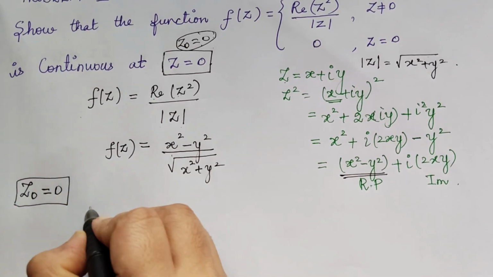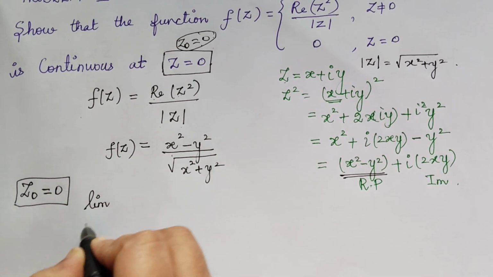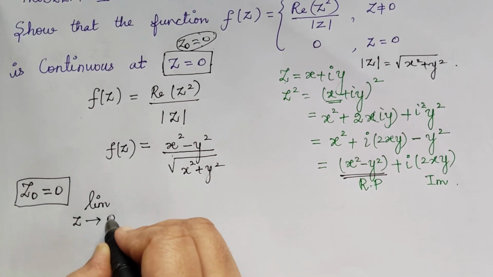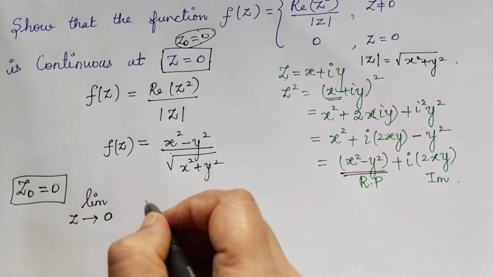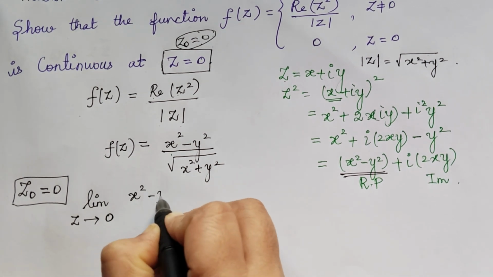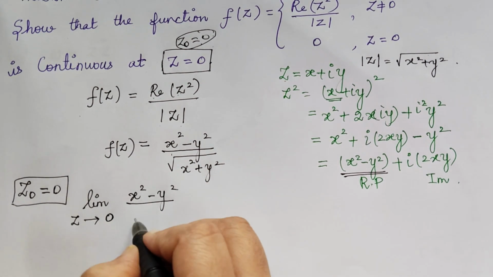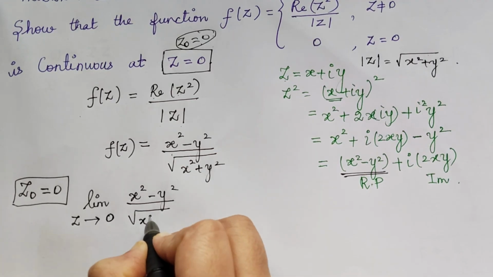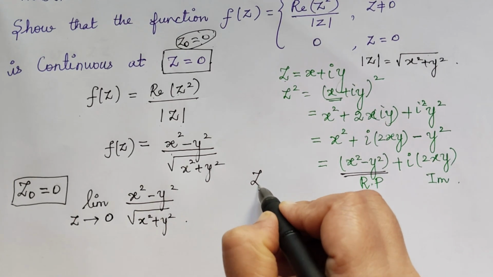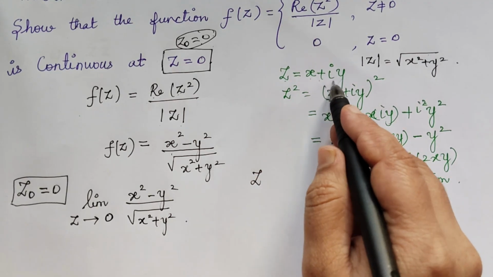So therefore we have to consider limit z tends to z0, which is z tends to 0, and f of z we have to take, that is x square minus y square by square root of x square plus y square. Now we know that z is a complex variable x plus iy.